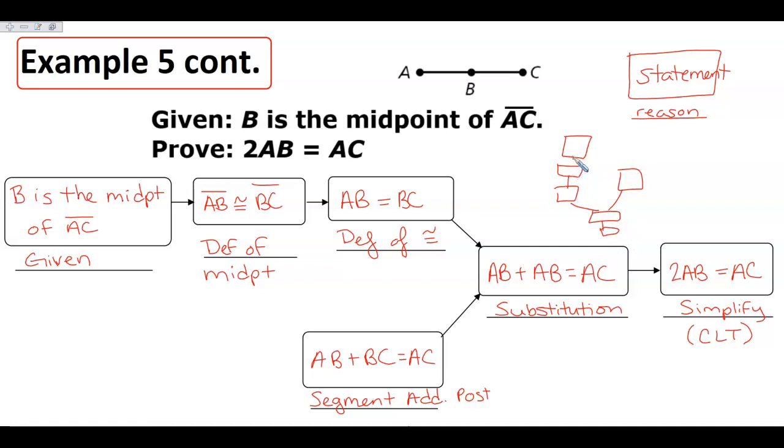I could draw it vertically. That would be more than fine as well. So there are plenty of different ways that you can draw these flow proofs. They can go horizontal, they can do vertical. If you're running out of room, they can do a little bit of both. But the big thing is the arrows are important. You need to show where each step came from.